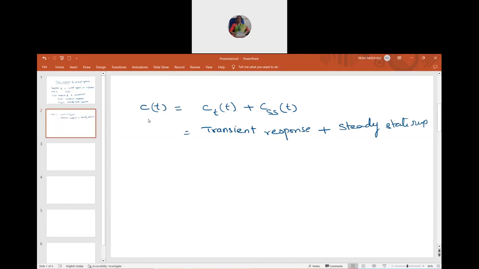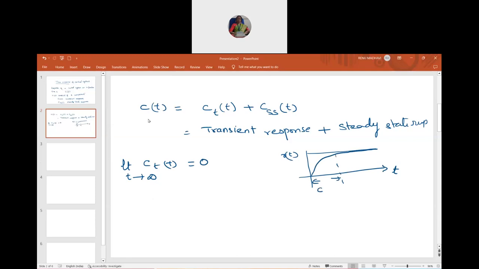Okay. So transient response C_t of t is the response which becomes zero as t tends to infinity. For example, if I apply some input r of t, then the response of the system could be something like this. Okay, so this is having two components.